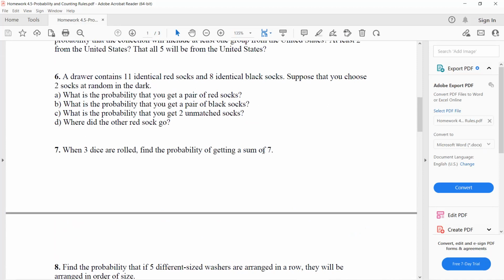What are we going to do to get a pair of red socks for part A? Minus or add? Well, before we get to how we do it, we have to choose a pair of red socks. So you can only choose red from the red. So how many socks are we going to choose from the drawer? 11.